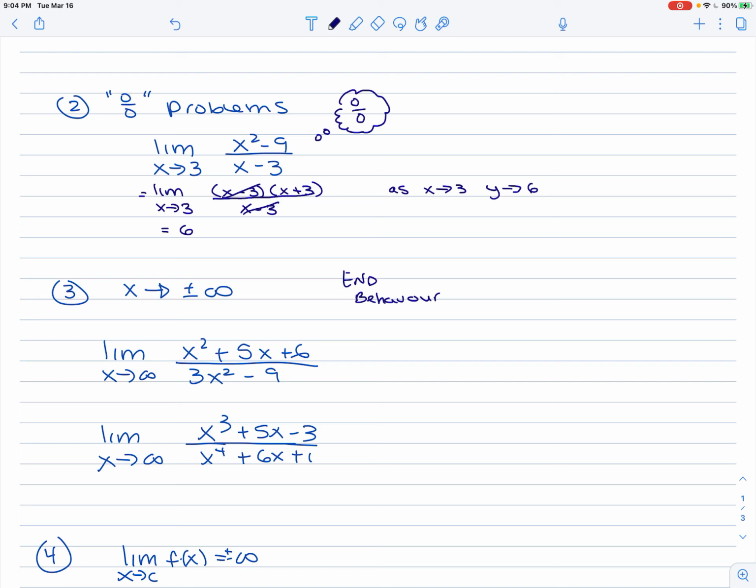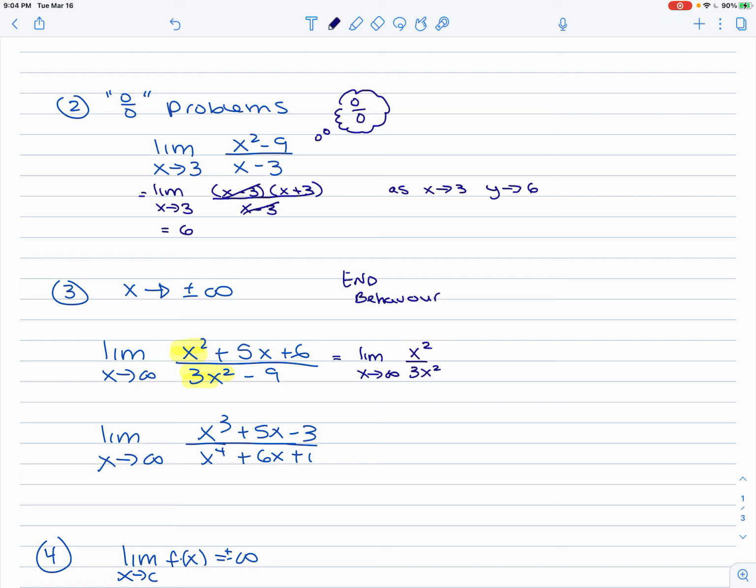And an easy way to solve these is because you're putting in infinity, you just think about only the biggest things are going to matter. Like infinity squared, it doesn't matter if I say plus 5 times infinity or plus 6. So just the biggest thing on the top and bottom is what's going to count. And we say this is an end behavior model.